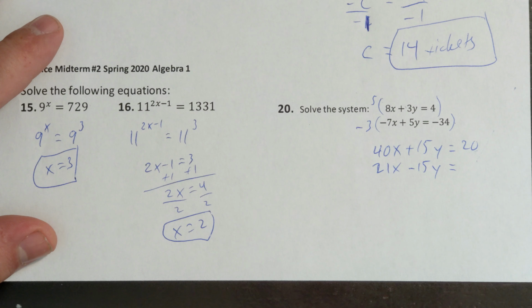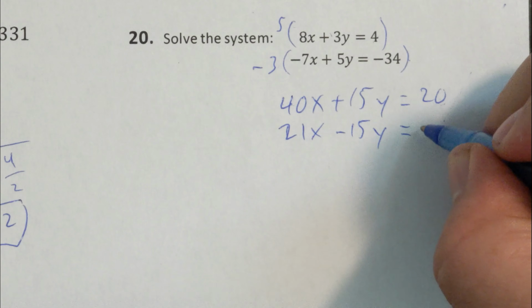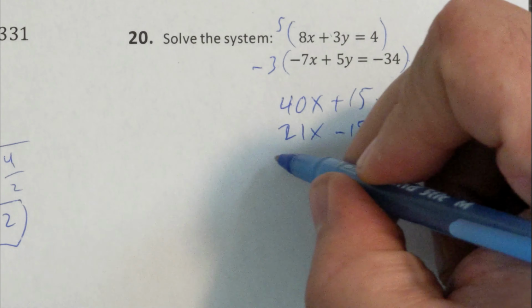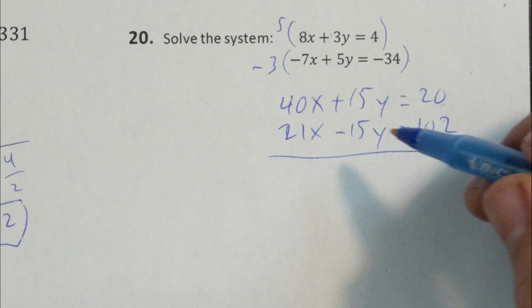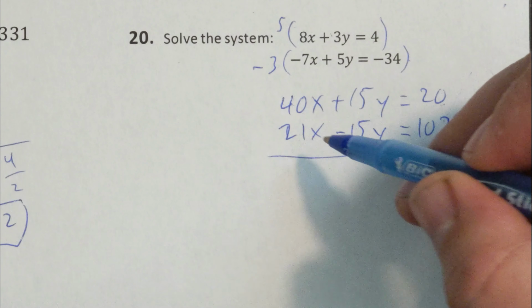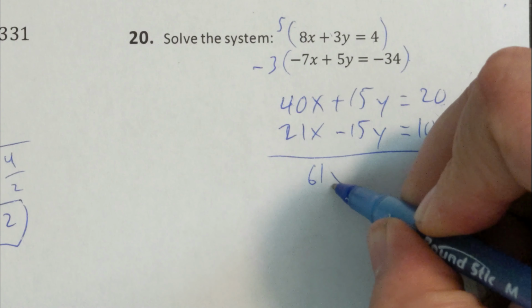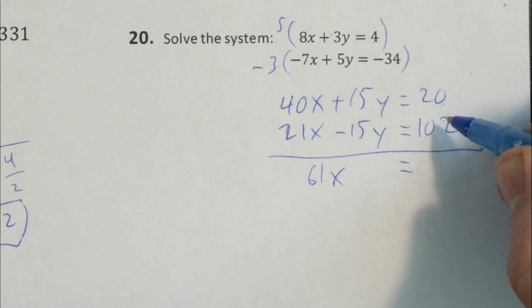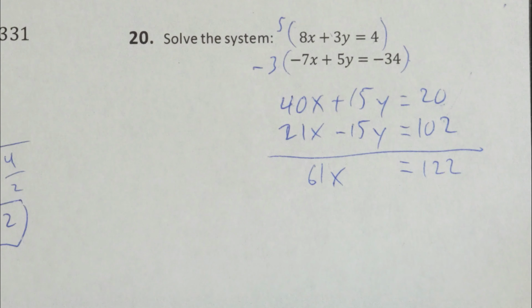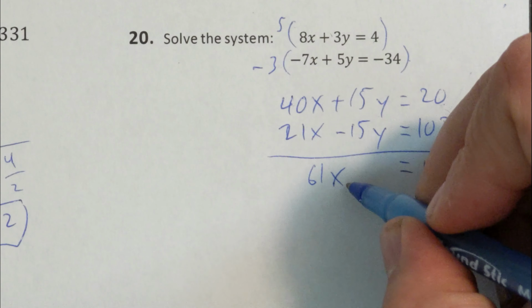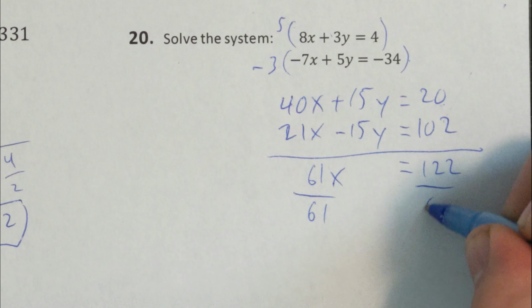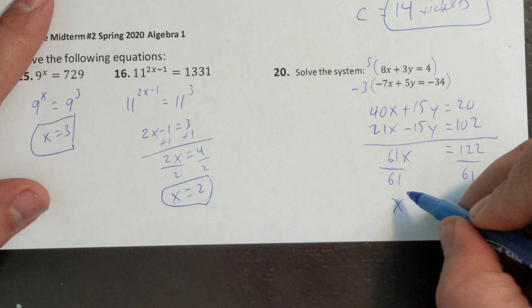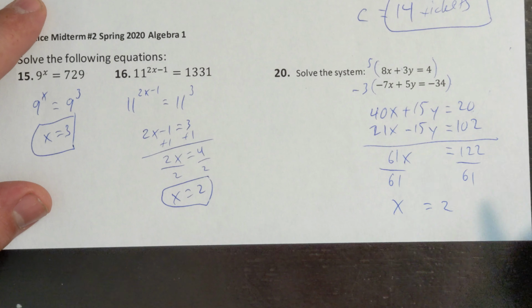And negative 3 times negative 34 is 102. Now we're going to add up 40x plus 21x, that's 61x. And then 20 plus 102 is 122. We're going to divide by 61. We find out the x is 2.